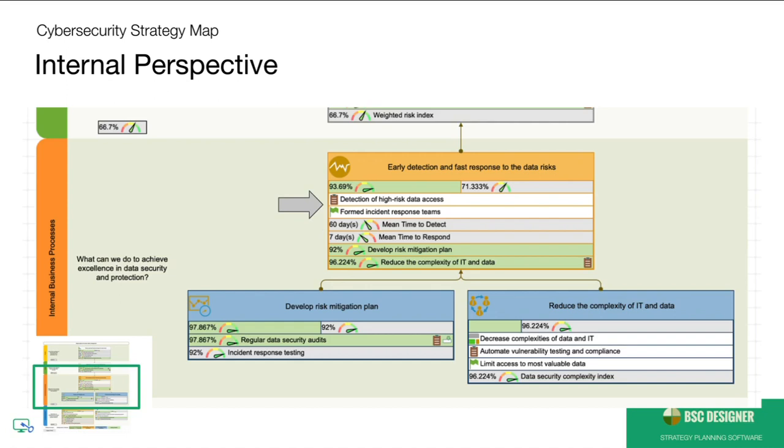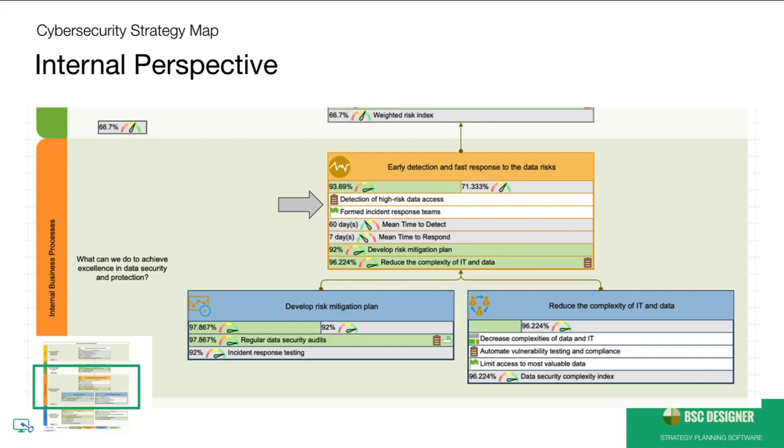There is a success factor: having formed incident response teams. According to the IBM Security report, it is one of the effective ways to minimize data breach impact. Another initiative is detection of high risk data access, which will help to prioritize the efforts of the cybersecurity team.